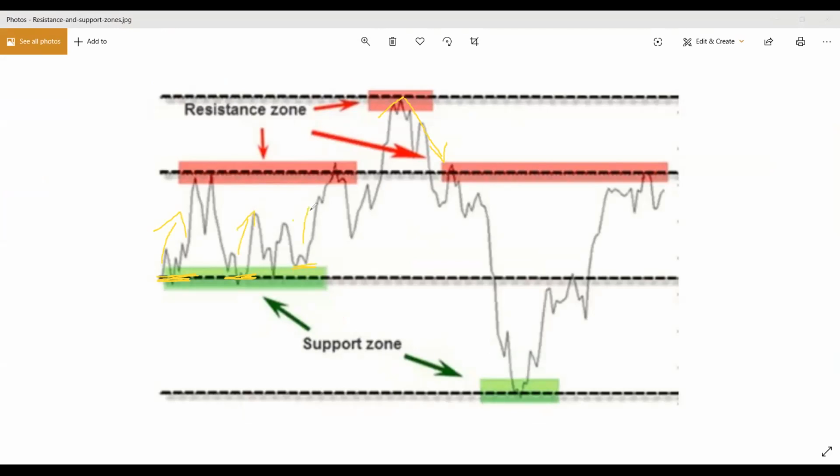So we call that a support. And an area where price gets there, rejects, starts to go down, rejects, starts to go down, we call those resistive areas, and the others are supportive areas.